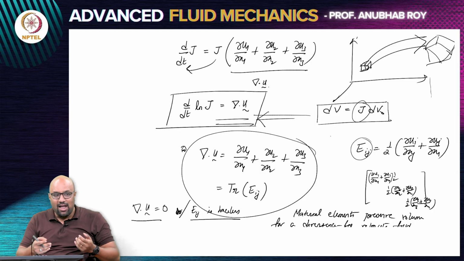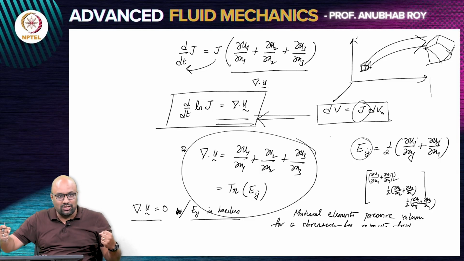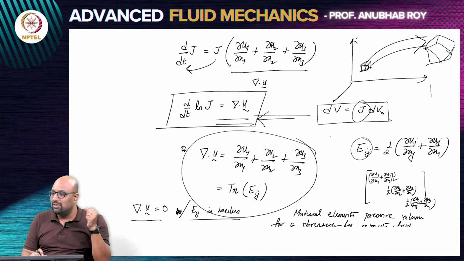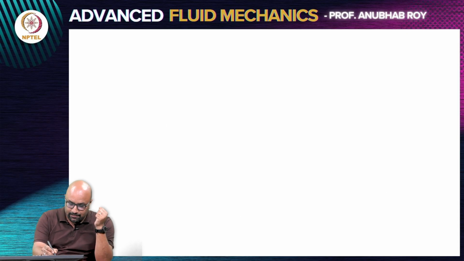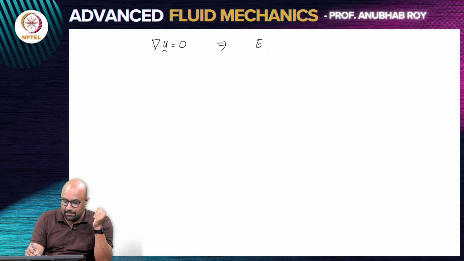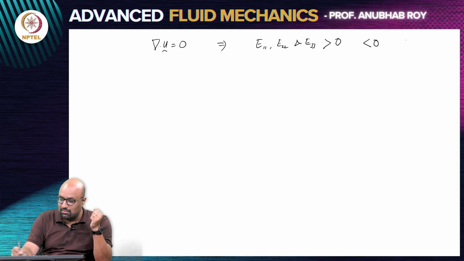That is to say, if it gets stretched along one particular direction, it has to be compensated by compression along the other direction. So what is not possible, obviously this is an obvious statement, is that if the flow is divergence free, E11, E22 and E33 all of them cannot be positive or negative.